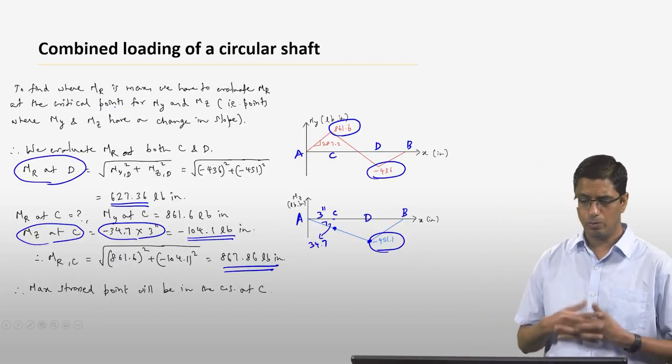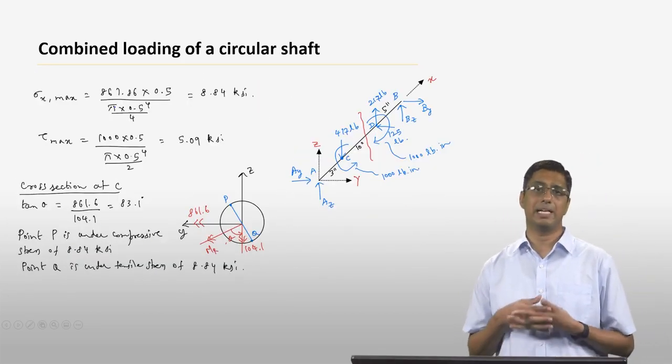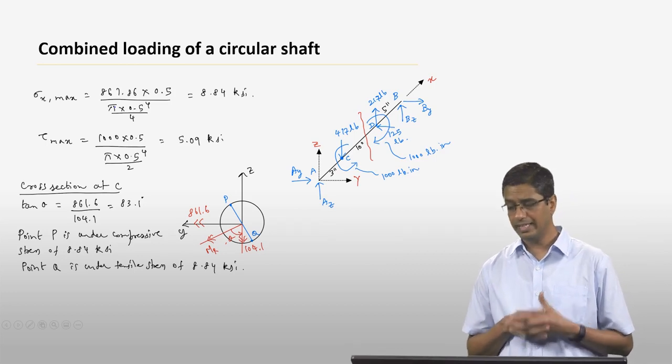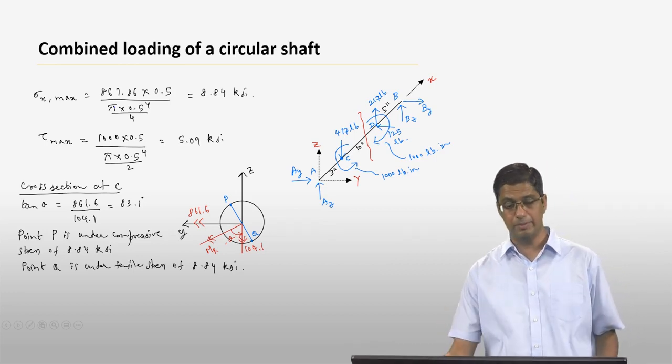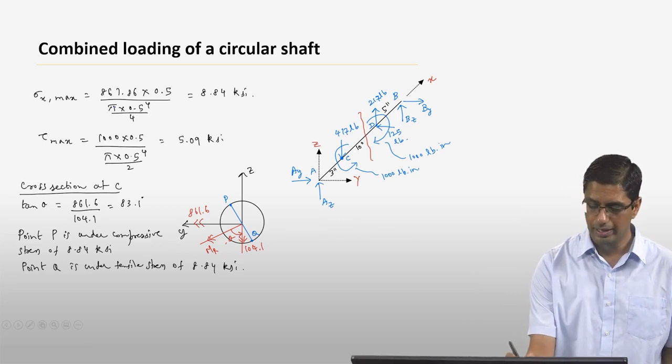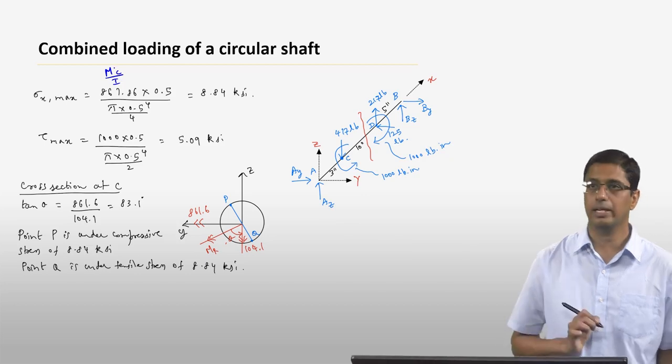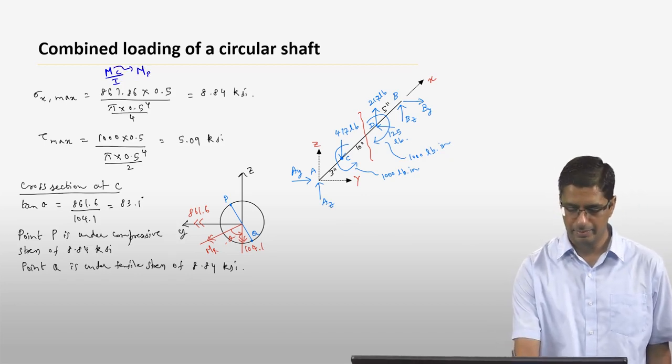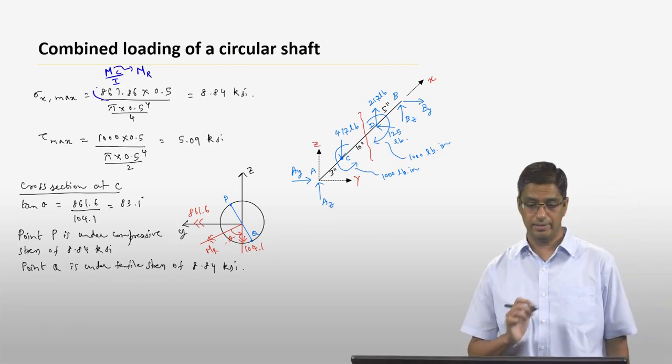Now once we know which cross section has the maximum internal resultant moment, we essentially use this formula: sigma is Mc over I, where this M is nothing but your Mr, so that is the 861.86 number here.